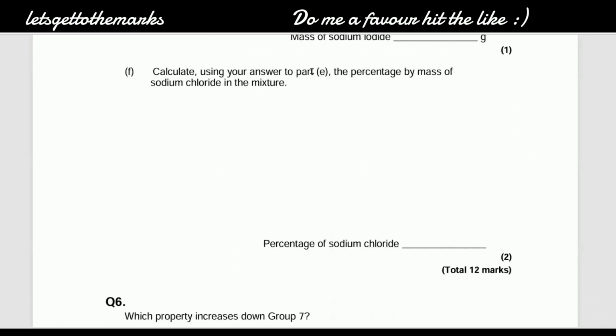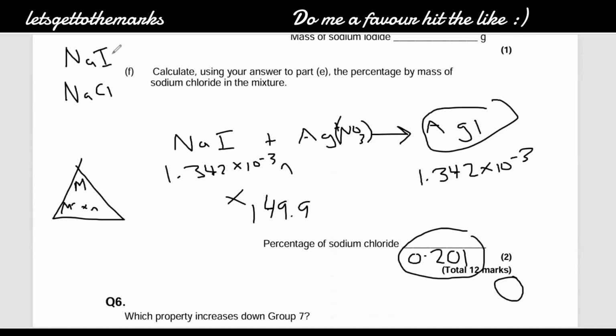Calculate, using your answer to part E, the percentage by mass of sodium chloride in the mixture. If I put that all back, we worked out that there was 0.201 grams of sodium iodide. The mixture was 600 milligrams, which is the same as 0.600 grams, and 0.201 grams is 201 milligrams.